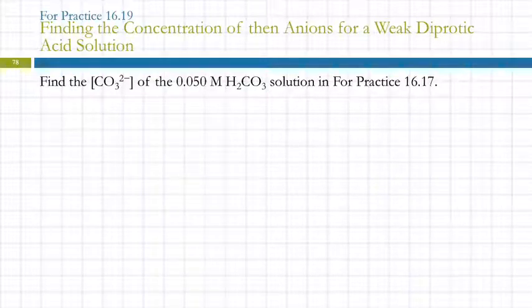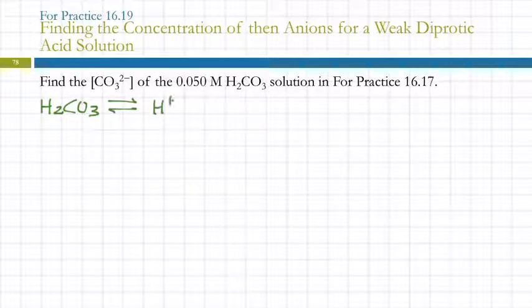So this is the same one we did in 1617. But now instead of just finding the pH of this weak diprotic acid solution, they want to know what's the carbonate ion concentration. So H2CO3 in equilibrium with hydrogen and hydrogen carbonate ions.